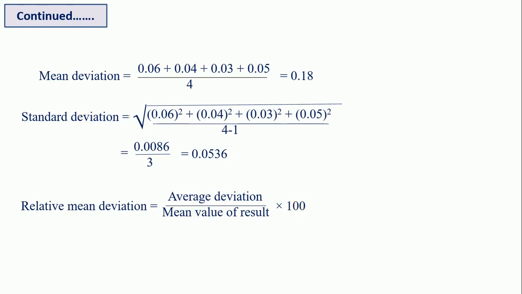So put the values: average deviation 0.045 divided by mean value of result 32.58, multiplied by 100, and the answer is 0.138%. So 0.138% is the value of relative mean deviation.